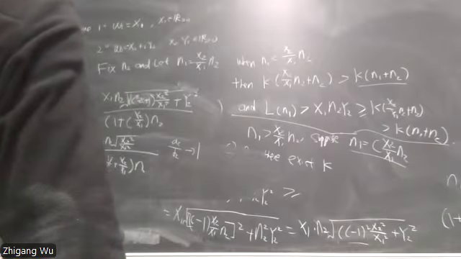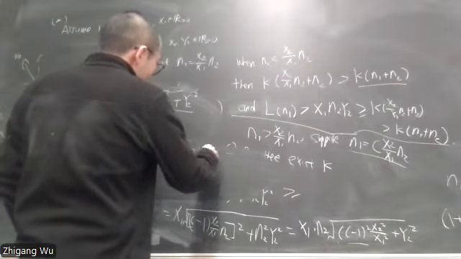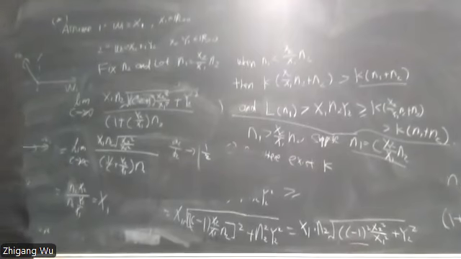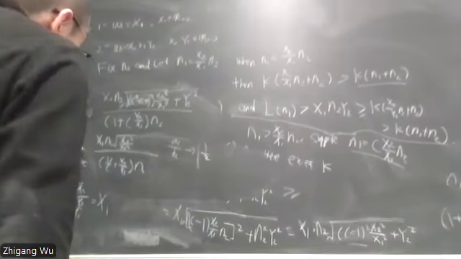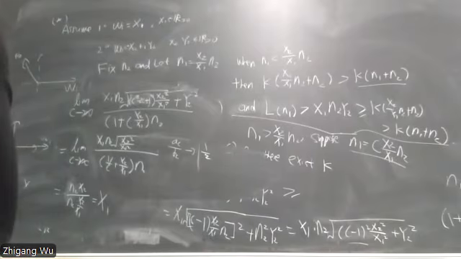If this AC over BC actually converges to 1/2, what does that mean? That means that when C is large, this AC over BC is very close to 1/2.